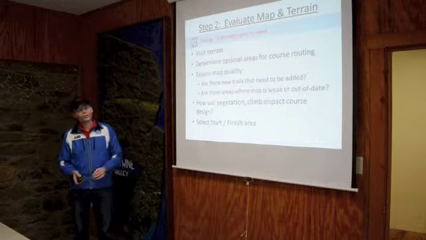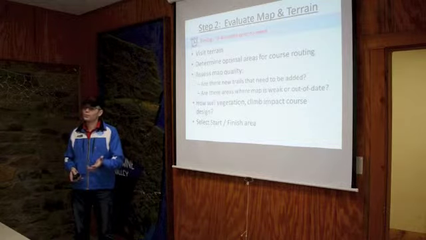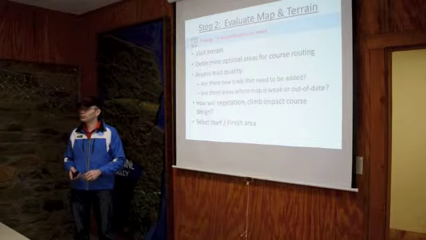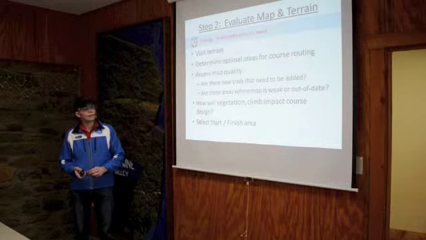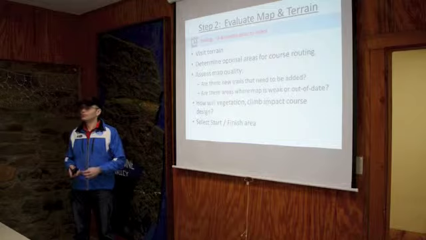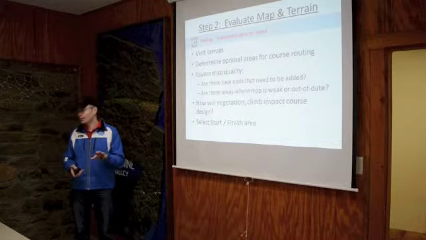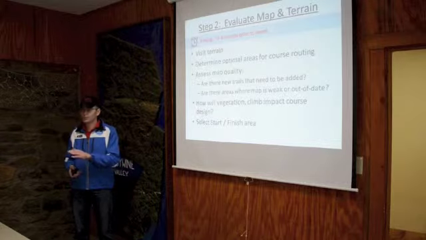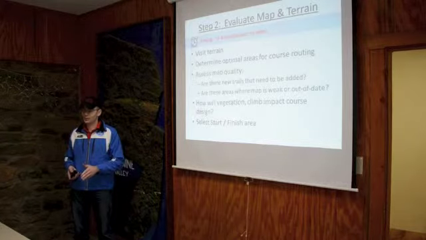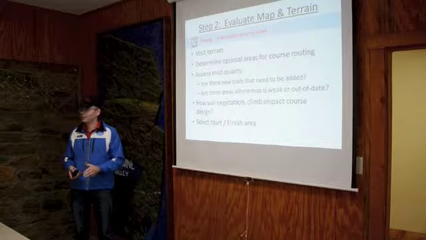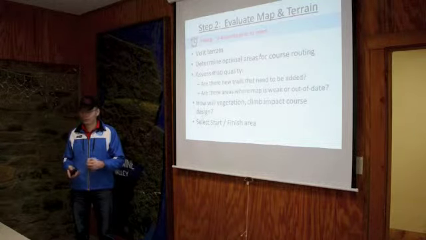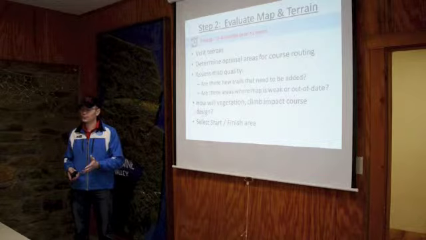So, step 2: once we know where we're going to do it, once we know that we can do it and the broad brush logistics are worked out, the big thing to do is actually get out there and see the terrain. And that's something that we're going to emphasize a lot, that a lot of stuff you can do at home in your armchair, but the key thing to making good courses is actually get out there and get a feel for the terrain, get a feel for the map.